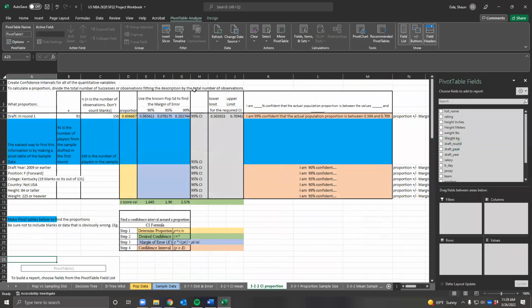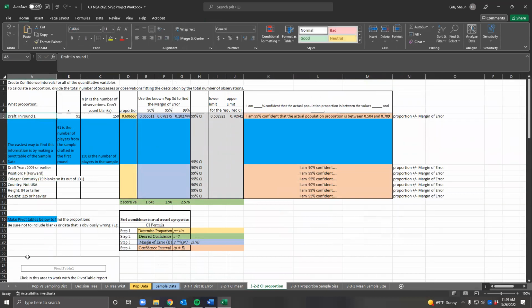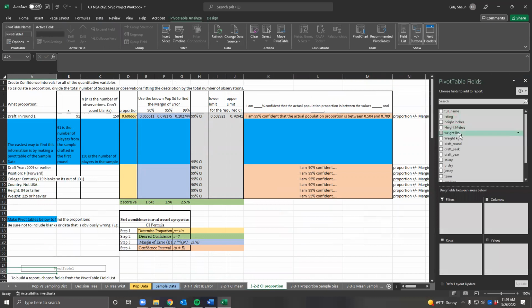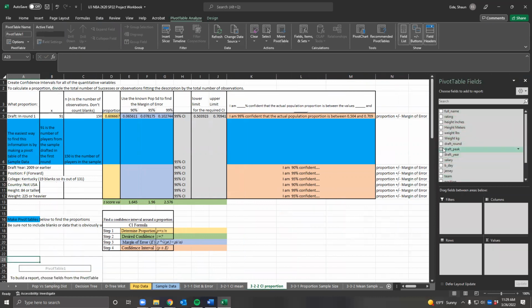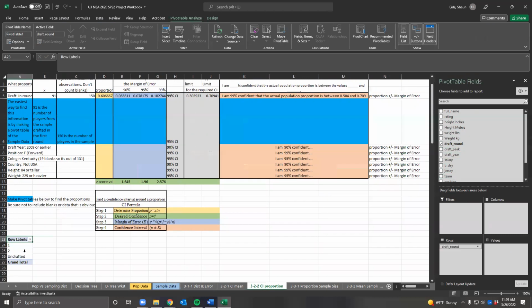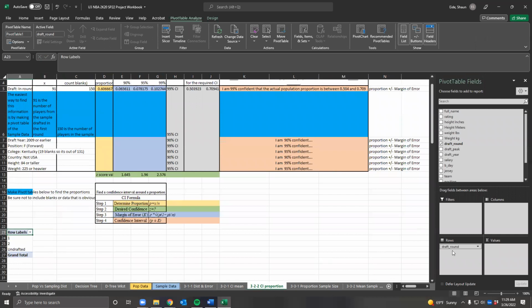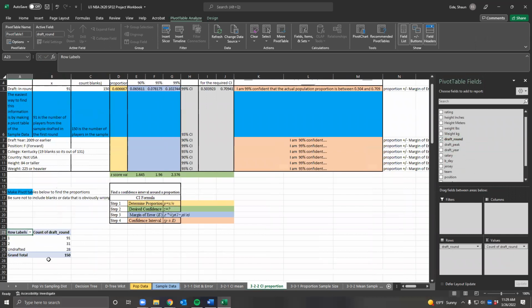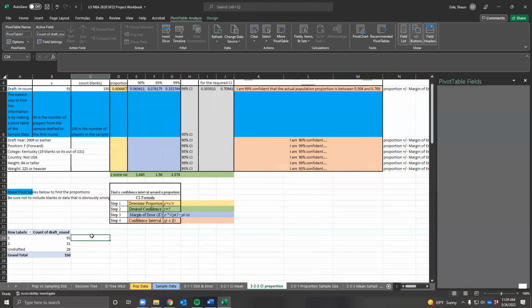And so now we have to look at draft in round one. So I'm going to look at this and say, okay, draft year. Nope, not draft year, draft round. There we go, draft round. And it's 1, 2, or undrafted. So I'm going to put it in the rows, and you'll notice 1, 2, and undrafted, and then you'll see the grand total right down there.